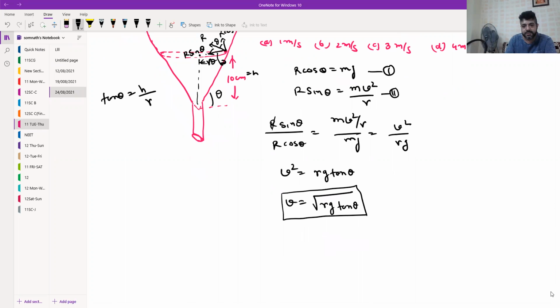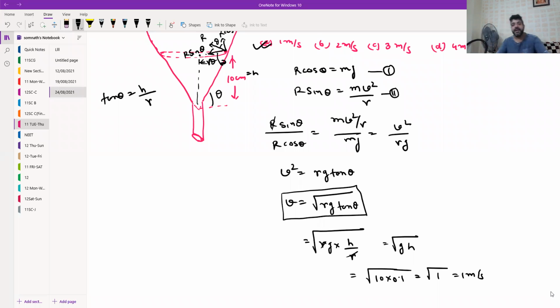So if we put this in rg tan theta, radius cancels and it becomes g into h. So g is 10, h is 0.1. Overall it is 1, that is 1 meter per second. So the answer is 1 meter per second. Clear, everyone?